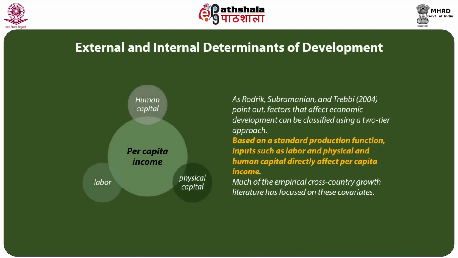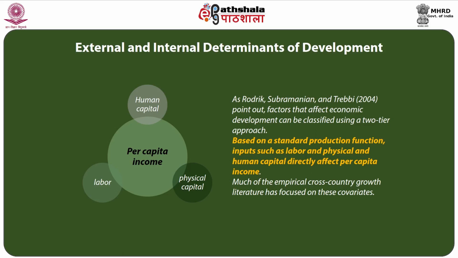The direction will come from the indicators, and we need to look at external and internal determinants of development. As Rodrik points out, factors that affect economic development can be classified using a two-tier approach. Based on a standard production function, inputs such as labor and physical and human capital directly affect per capita income.